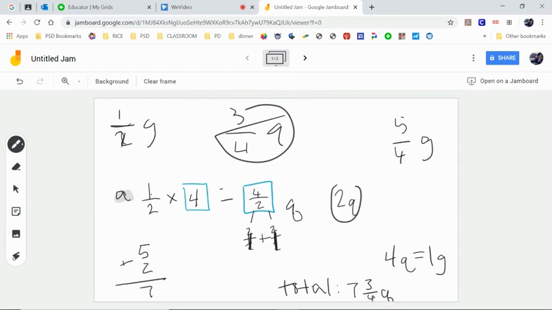And then to find how much is left over, you need to find the difference. I hope this helps.